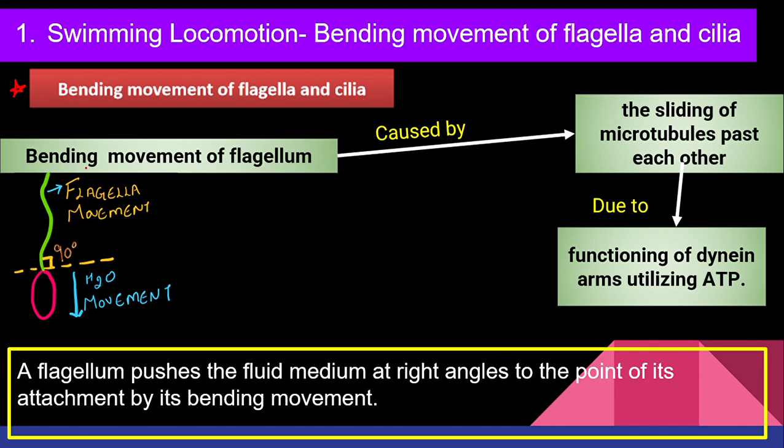How it occurs, let's just see. Bending movement of flagellum is caused by sliding of microtubules past each other due to functioning of dynein arms and utilizing ATP. Please understand over here, just focus. Let me draw. This is your A microtubule, and this is A microtubule. Then we have B microtubule, and here you have B microtubule.